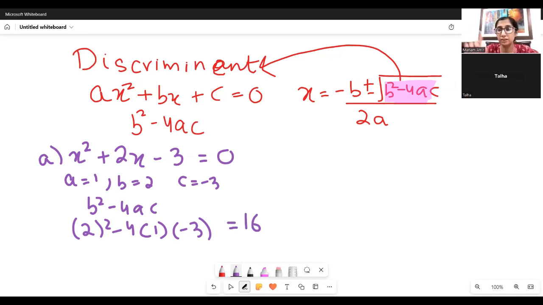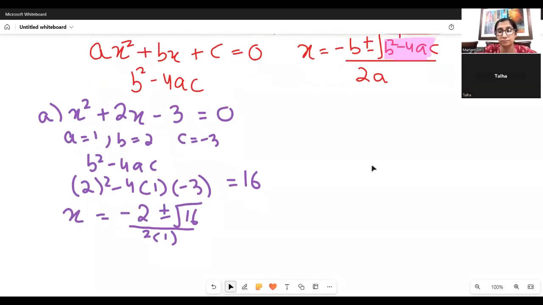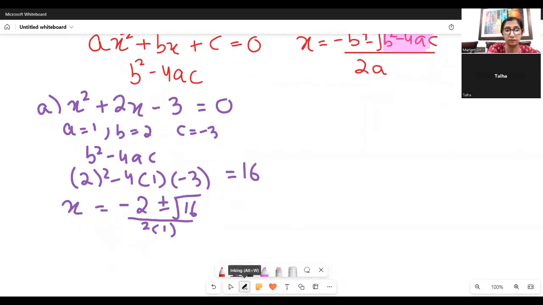Now let's enter it in the quadratic formula: x equals minus b, which is minus 2, plus minus square root of 16, divided by 2 times 1. How many answers are we going to get? Two answers.